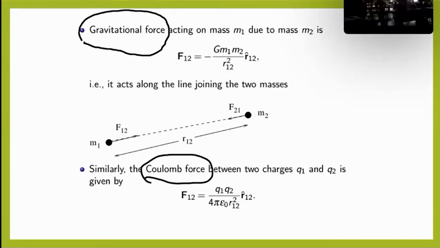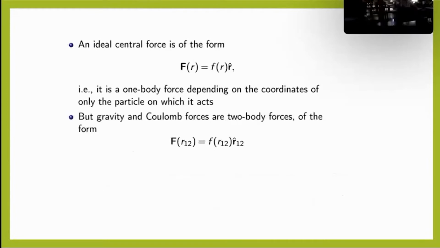Same thing, a two-body force. If these are Q1 and Q2, the force will be along this line. Depending upon the charges, whether both are positive or one is positive and the other negative, it will be repulsive or attractive. So the forces we have discussed are two-body forces.